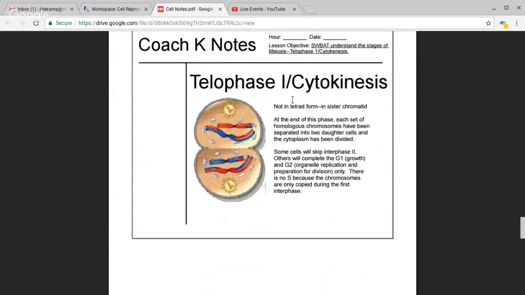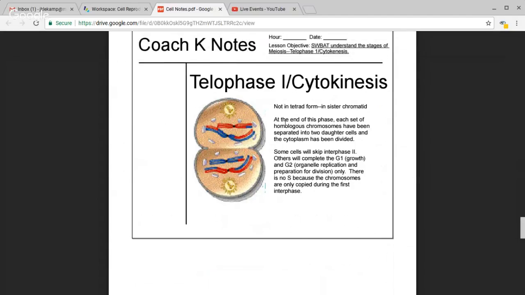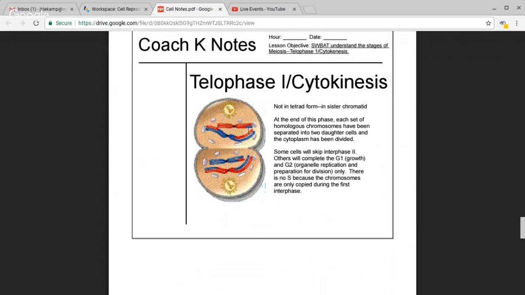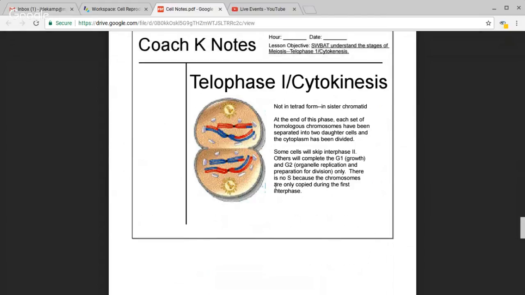Again, in telophase 1, into cytokinesis, they're not in tetrad form anymore. Now they're in sister chromatids. They have gotten to the ends, and you start to see the nuclear membrane kind of reforming around the sister chromatids. It will enter interphase, or it may skip it.